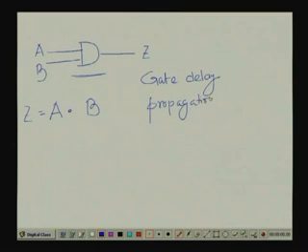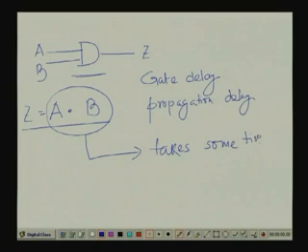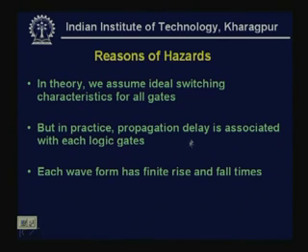Similarly, if we consider this operation, just to execute this A dot B, it will also take some time, and that is called the delay. So, each logic gate is associated with some delay.